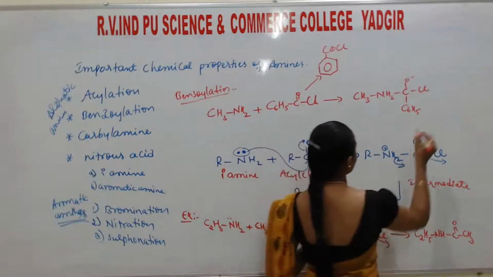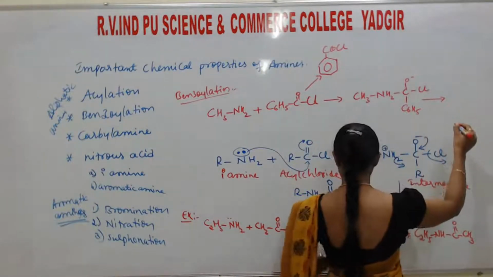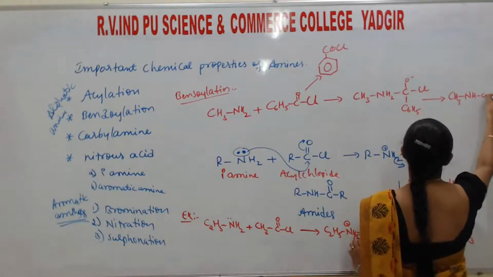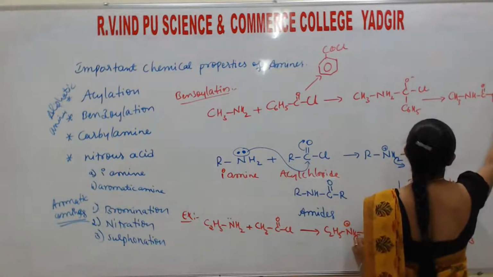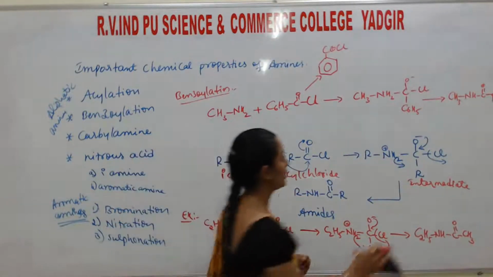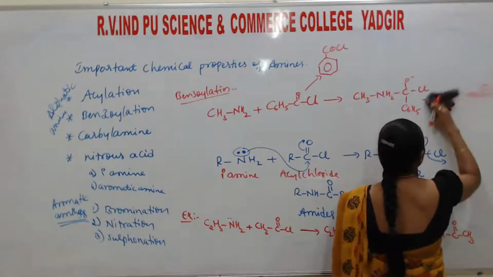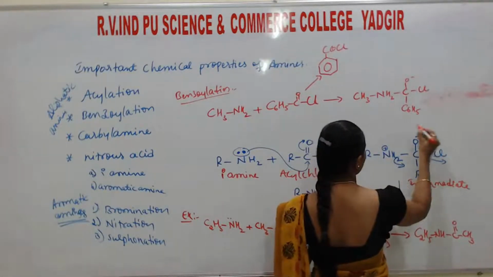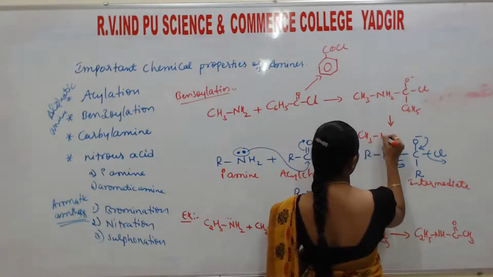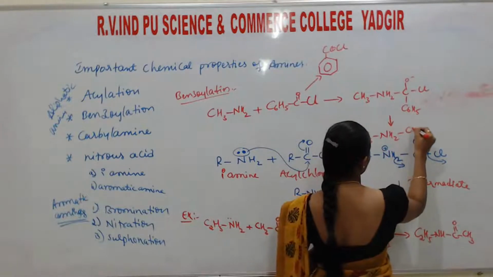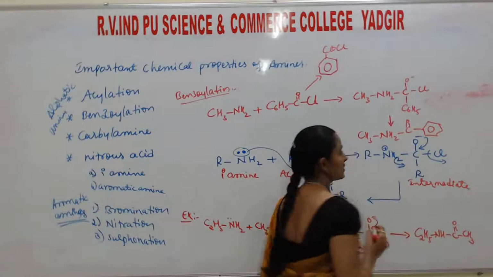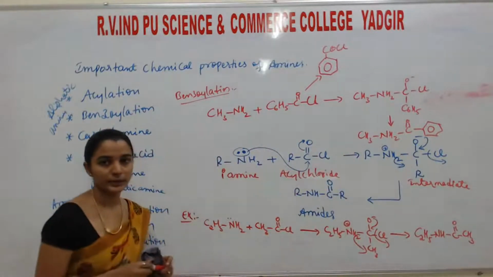Then if you complete the reaction, you will get CH3 NH C double bond O with the benzene ring. I will write the product here, students. This is the product we are going to get.